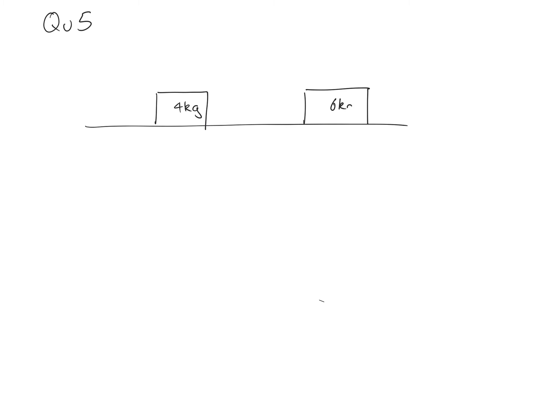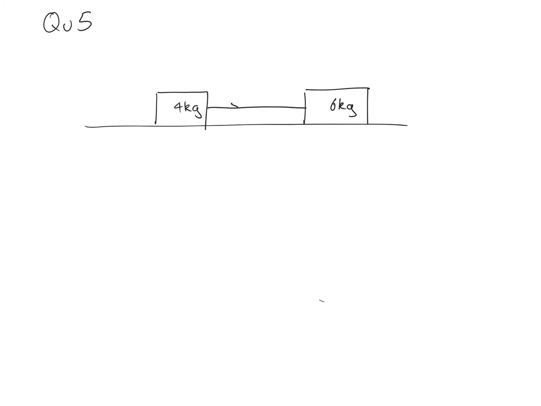Okay, question 5. On this one, let's just draw the diagram again. We're getting more complex, so it just helps me to see what's going on. Two blocks of masses 4 kilograms and 6 kilograms on a smooth surface are connected by a light, inextensible string.